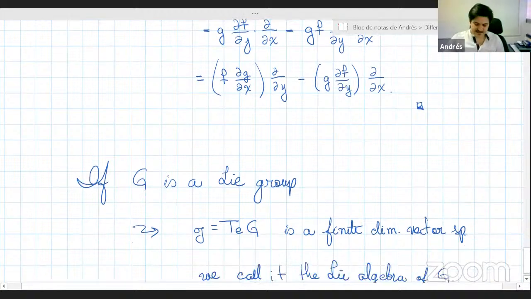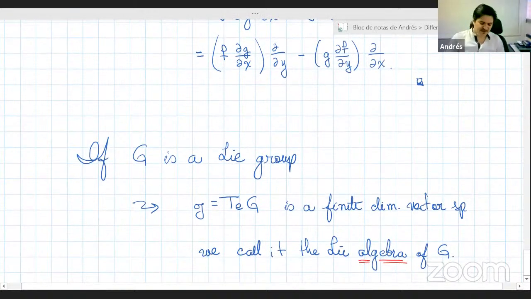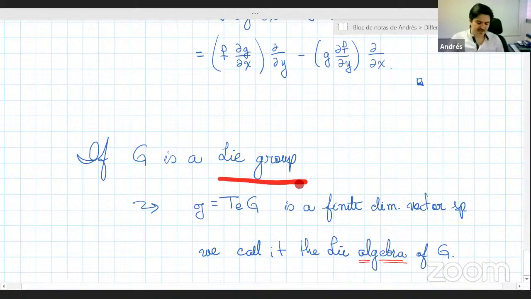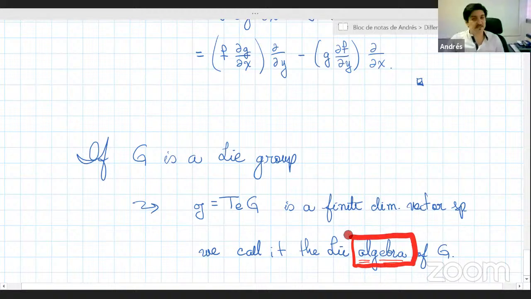And I told you that this vector space is called the Lie algebra of G. And well, you might say, okay, because this is a Lie group, it's good to call this Lie something. But I mean, we need to justify this.